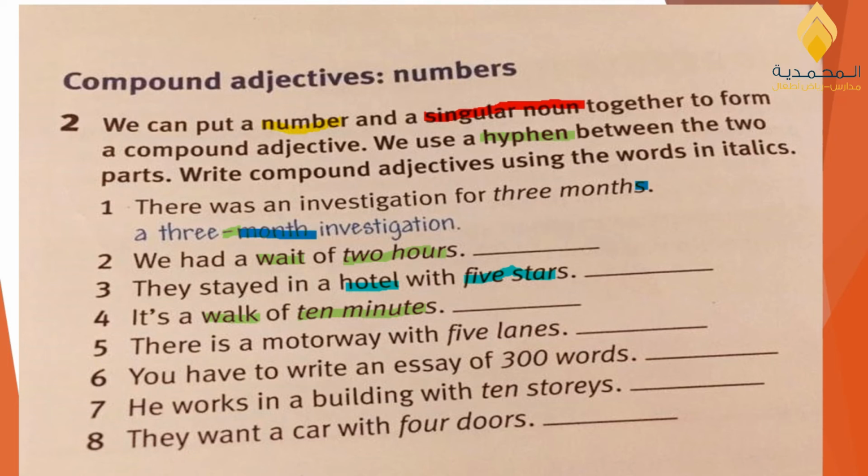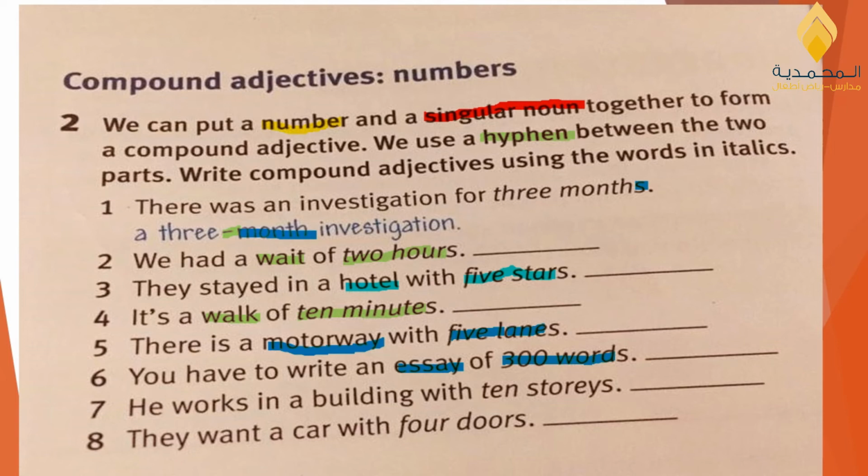5. There is a motorway with 5 lanes. So it's going to be a 5-lane motorway. 6. You have to write an essay of 300 words. So the essay is going to be a 300-word essay. He worked in a building with 10 stories.